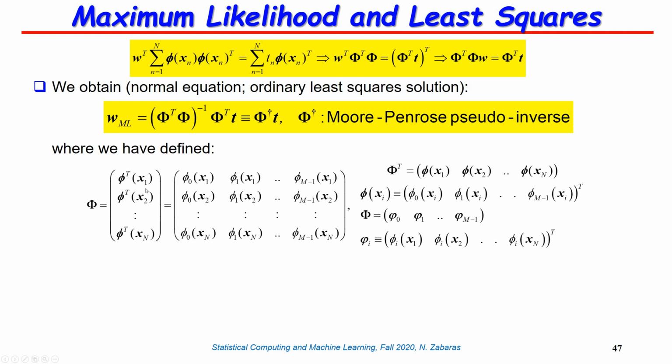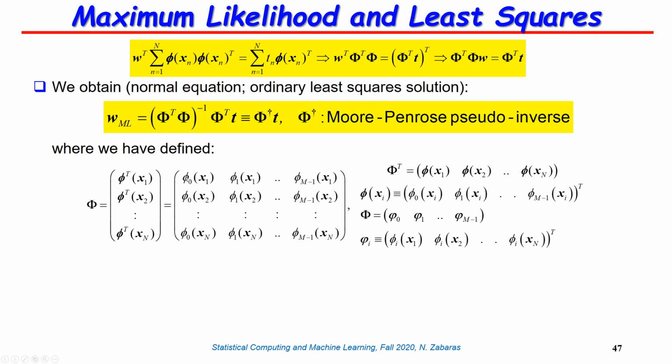Pay attention to the notation. When you see phi of x, that is the column vector that evaluates all the basis functions at the point x. But when you see this calligraphic phi, that is the column vector that involves the ith basis function evaluated at all the training data points. For example, the first column is the calligraphic phi0.